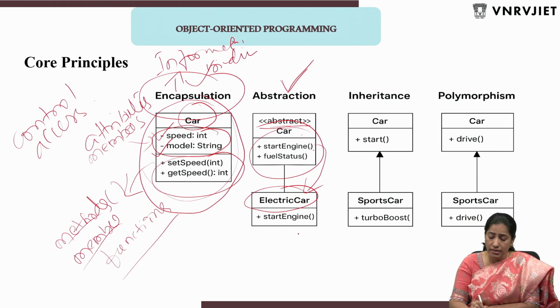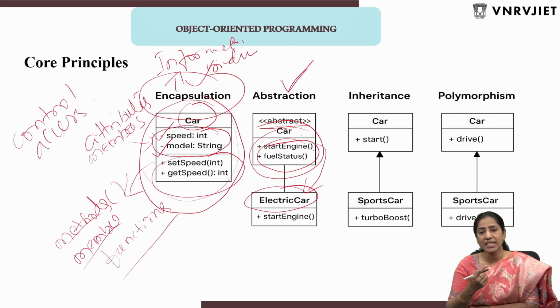Why do you need a subclass? To implement the methods of an abstract class. That means an abstract class cannot define its method on its own. There are versions of Java in which we can define abstract classes and non-abstract methods also inside a class. But initially the idea of abstraction is to hide the details of the member function, and the member functions are implemented by the child classes.